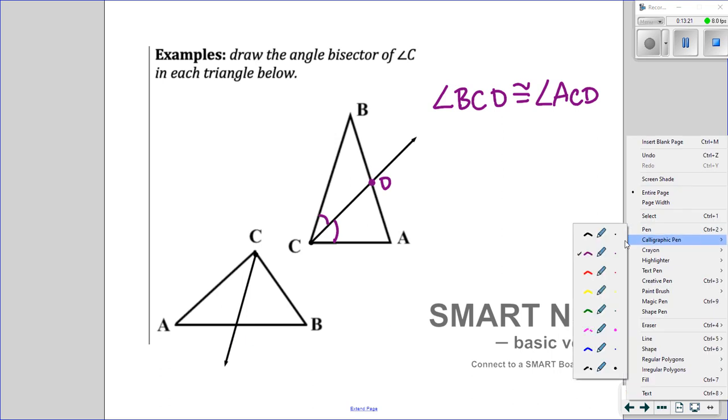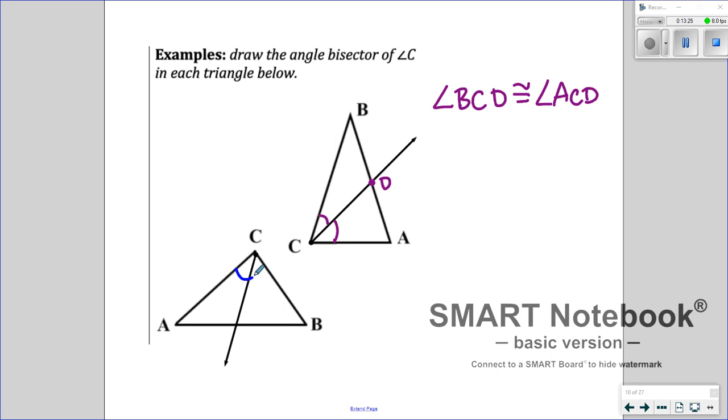So I'm just eyeballing it to make it look congruent. So then this angle and that angle will be congruent. I'll make this E, and then I could say that angle ACE is congruent to angle BCE. And that's it for that one.